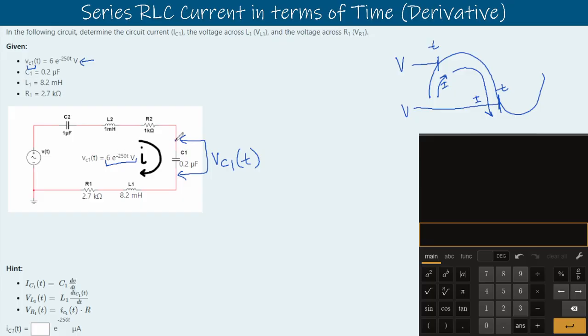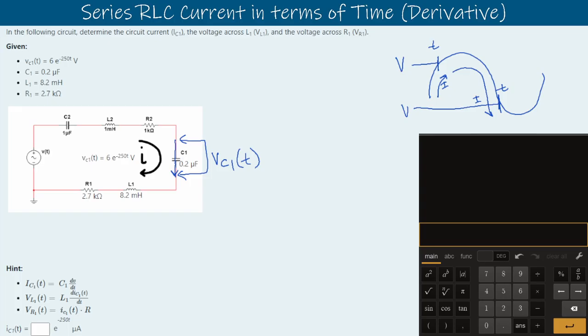Once we find the current through C1, that's the current through the whole circuit, because there's only one current in series. So our goal is to find the current through C1, and use that to find the voltage drop across the inductor and then across the resistor, using that IC1 in terms of time, because that's technically our I total. All right, so that is our path.